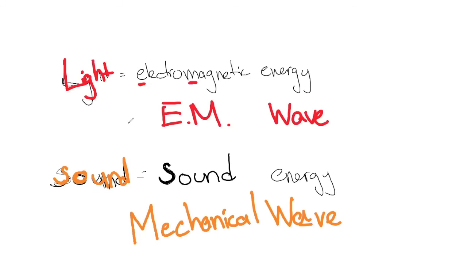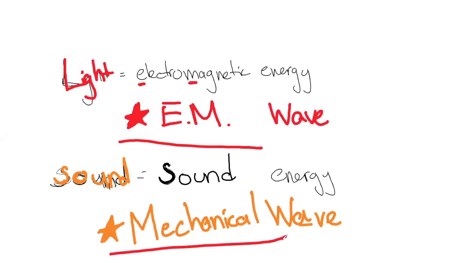So thinking about this idea for tomorrow, I'm sure already your brain's like, whoa, I can already name one difference between the two, or, oh, I already know how they're similar in one way. Think about these things for tomorrow and realize that we are going to be talking about how sound and light are similar and different.